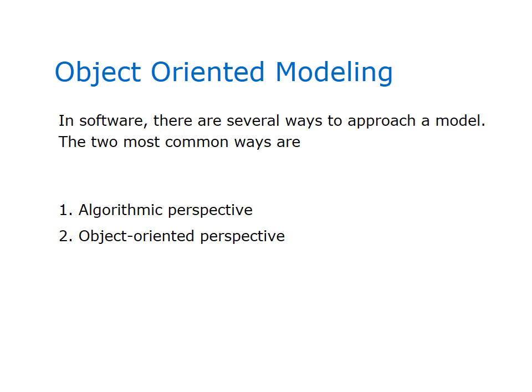What will we do in the object-oriented perspective? That is important for us. Well, before going through the object-oriented approach, we will see what the algorithmic approach is, so that we can understand the object-oriented approach in a better way.